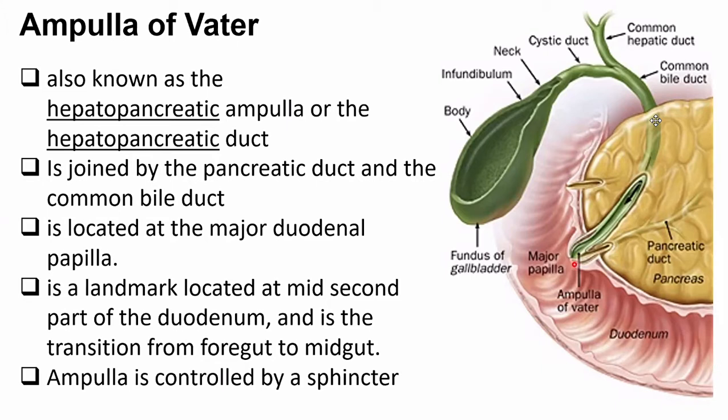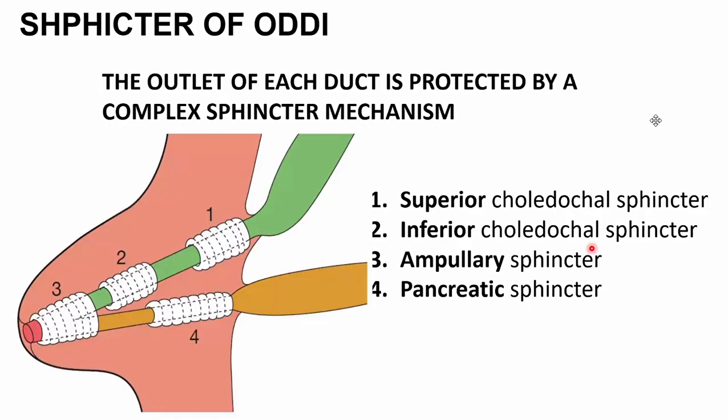So itong ampulla, no? Any fluid passing through here from the liver, from the pancreatic duct, is controlled by a sphincter. So meron din itong sphincter. We call that the sphincter of Oddi. So the outlet of each duct is protected by a complex sphincter. There are about 4.